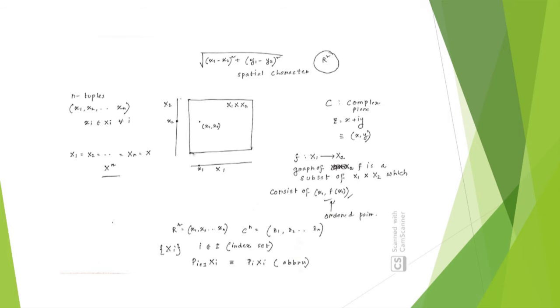We then interpret the product of the Xi as made up of elements x, each of which is specified by the exhibited array xi of its values in the respective coordinate sets capital Xi. We call small xi the ith coordinate of the element x.